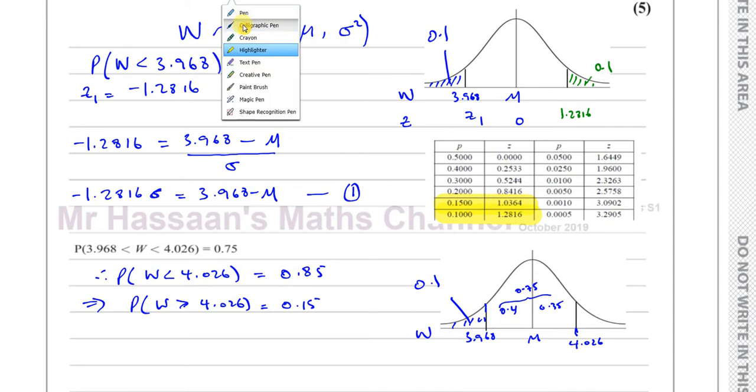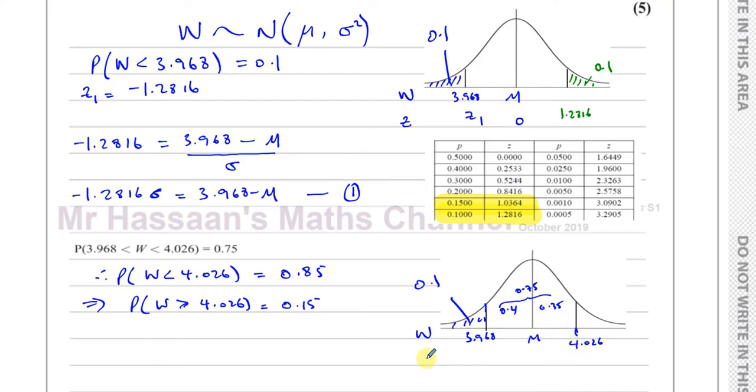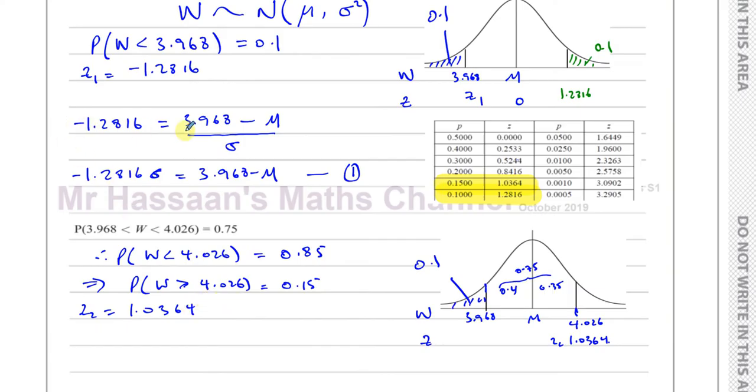We can deduce that the Z value for this is going to be 1.0364 positive, because it's above the mean this time. Let's call this Z2, so Z2 is equal to 1.0364.